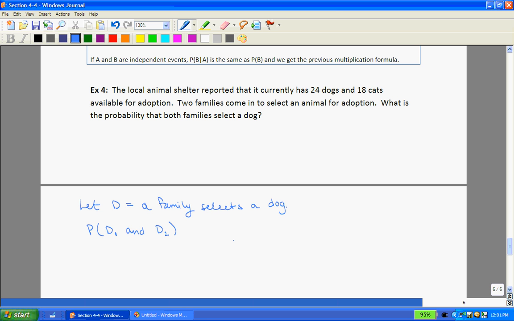They are not selecting from the same pool of dogs, so these are definitely dependent events. So when I go to write out my probability, it is the probability that the first family selects a dog times the probability that the second family selects a dog given that the first one has already selected.